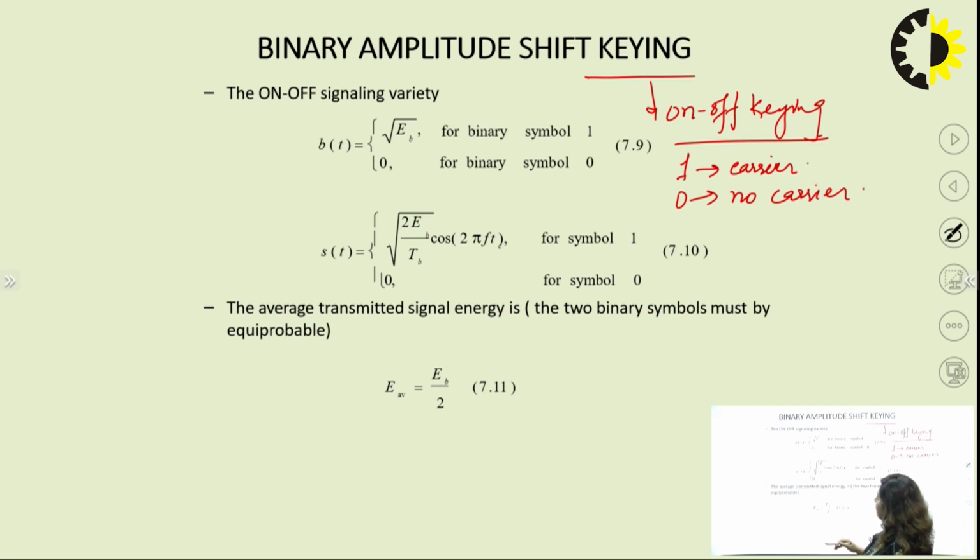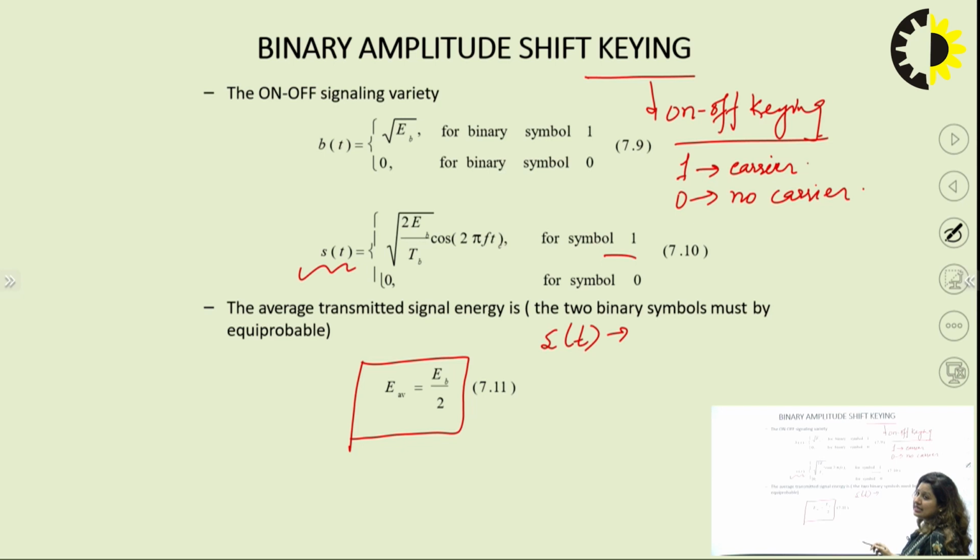If we see the equations here, b(t), the output for symbol 1, is under root EB, and for symbol 0 it is 0. In the equation you can see it is under root 2EB by TB cos 2 pi FC t for symbol 1 and 0 for symbol 0. So the average transmitted energy is EB by 2.